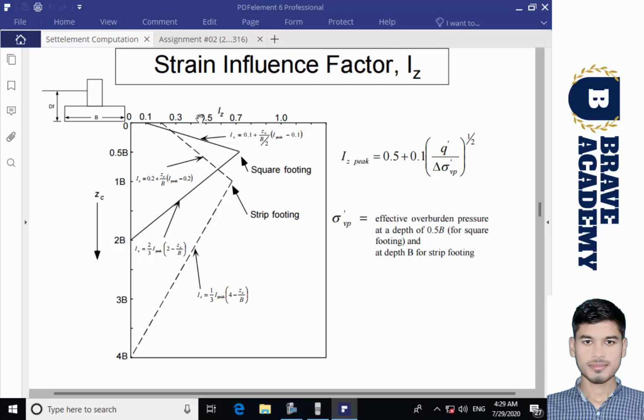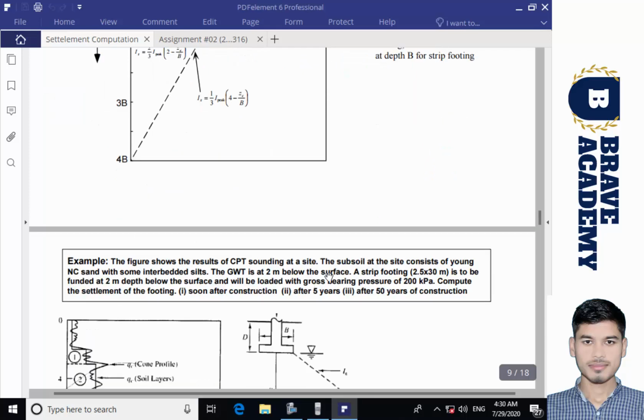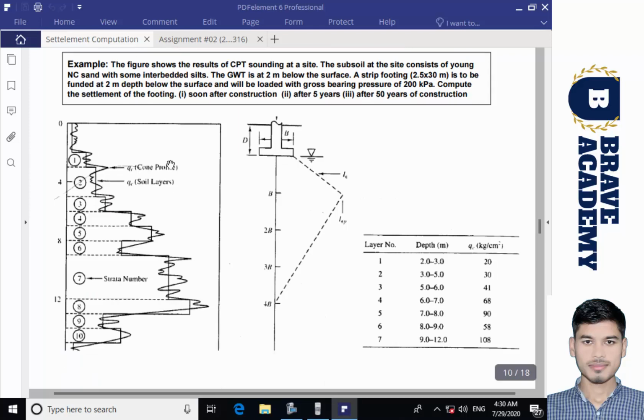There will be a value of influence factor up to the depth 4b, and in our case the breadth is 2.5, so 4b will be 4 into 2.5, which gives 10 meter. So he used the layer numbers for the depth equal to 10 meter, from 2 to 12.